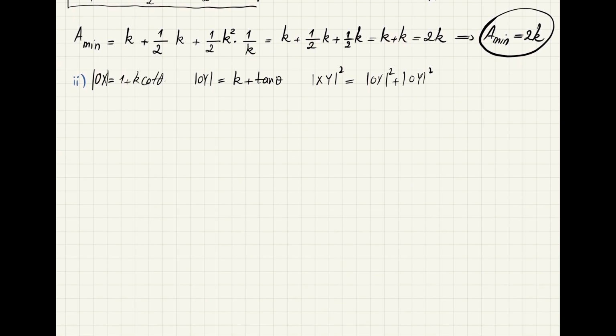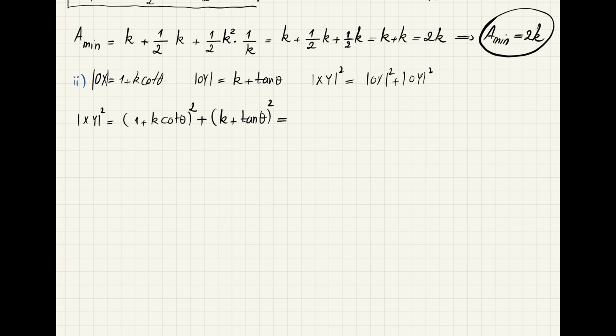Okay, the length of XY to the 2 is equal to the length of OX to the 2, which is (1 plus k cotangent of theta) to the 2, plus the length of OY to the 2, which is (k plus tangent of theta) to the 2. I use the quadratic rule here.